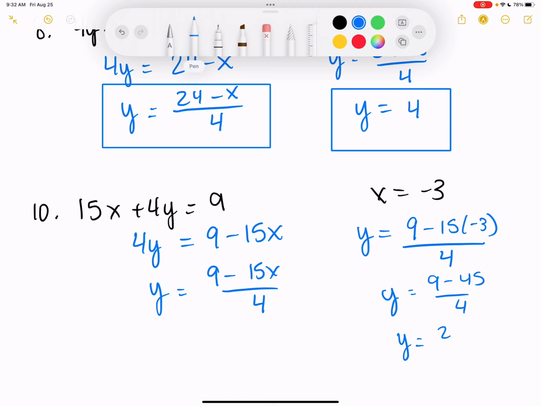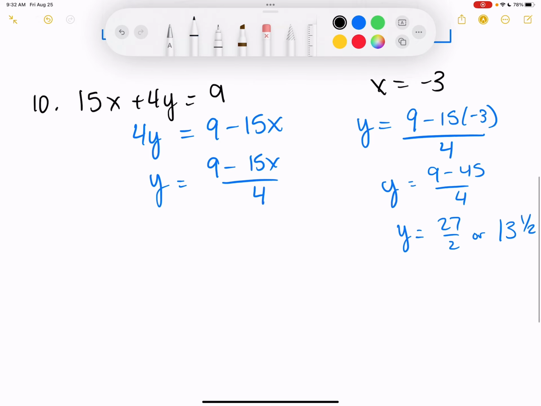So it's 27 over 2 or 13 and a half, whichever way you prefer to write it. All right, have you try this one by yourself. 14, 9y minus 4x equals negative 30. And then once you get that solved for y, plug in x is equal to 8.